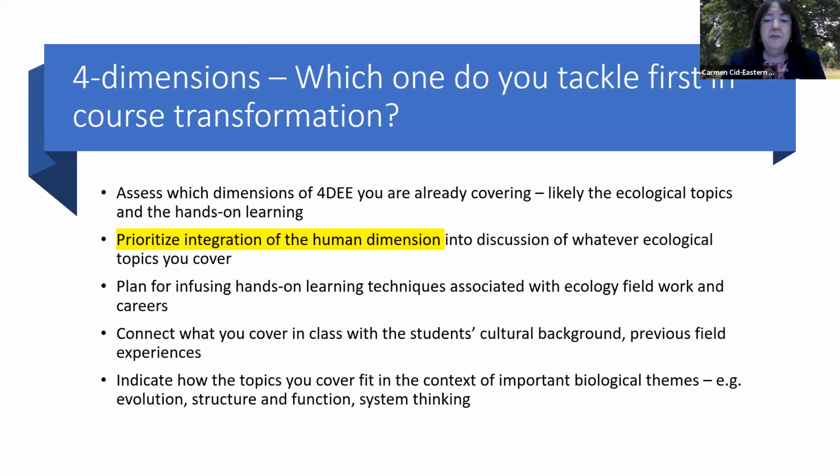Also make sure you have some understanding of where your students are in terms of their exposure to field and environmental experiences, so that you can proceed. That helps if you integrate the human dimension. It is very helpful in getting them to understand this integration of dimensions, and to keep thinking about where ecology fits into the biology scheme of things.